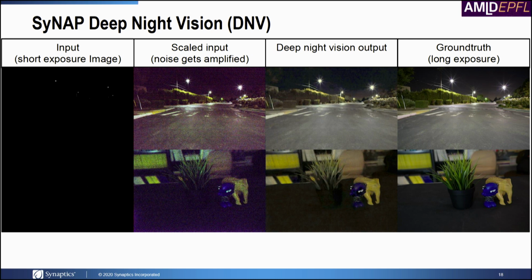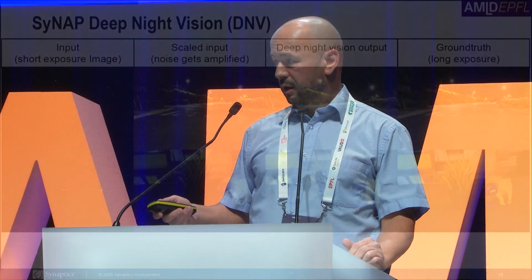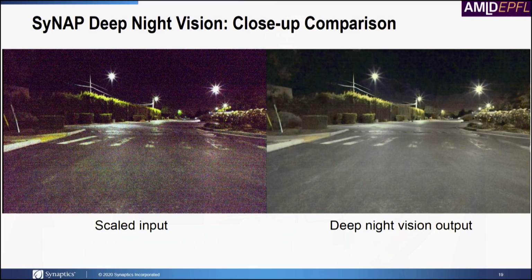The third image is our AI augmented picture, and the fourth image is the ground truth, obtained using a long exposure camera. If you zoom in, you can see in the next slide that the quality you can get using AI is much better than what you can get with traditional computer vision methods.